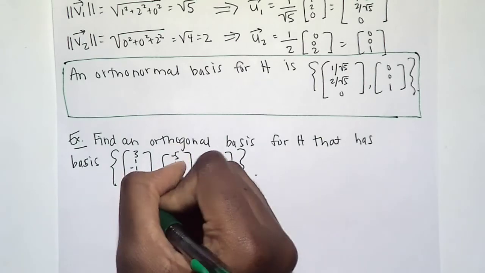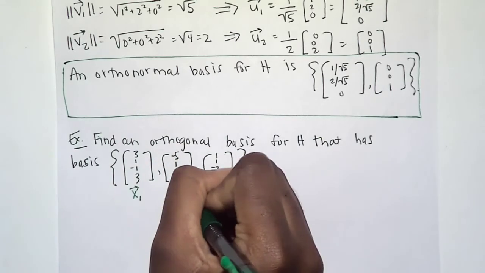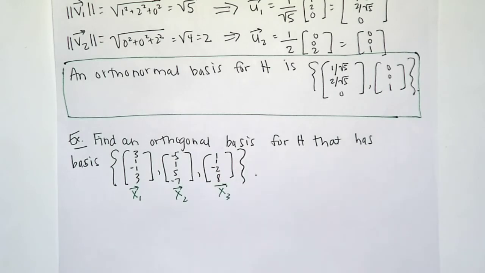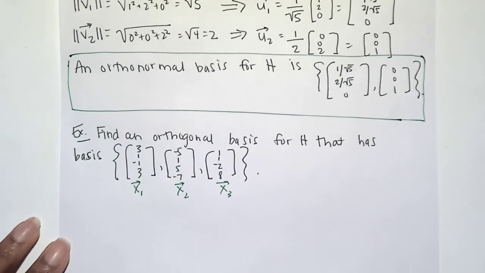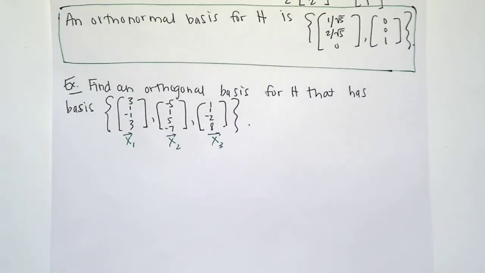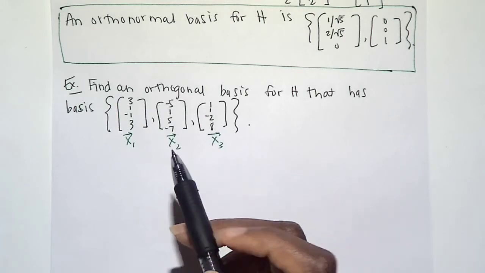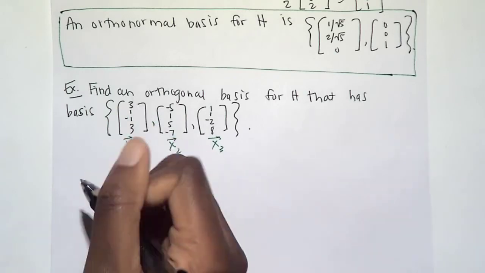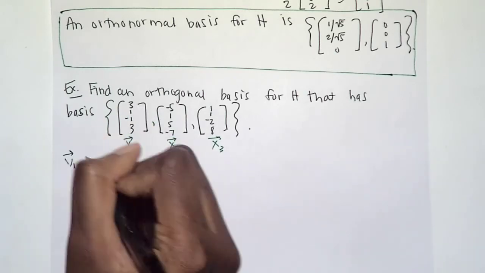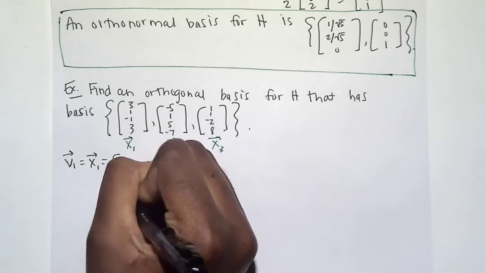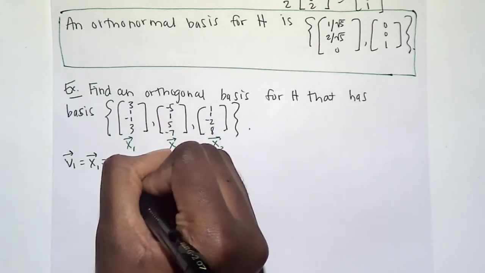So let me just rename them x1, x2, x3, just so we have something to call them by. And so we're going to use the Gram-Schmidt process to convert into an orthogonal basis. So remember, the first step is just using the very first basis element. So our v1 that we're looking for is going to be the same as x1. So the first step done for us, easy peasy.